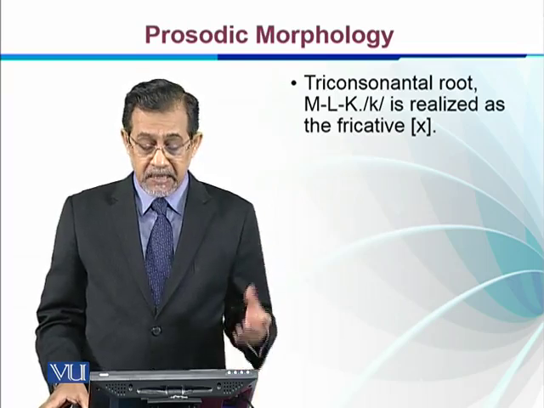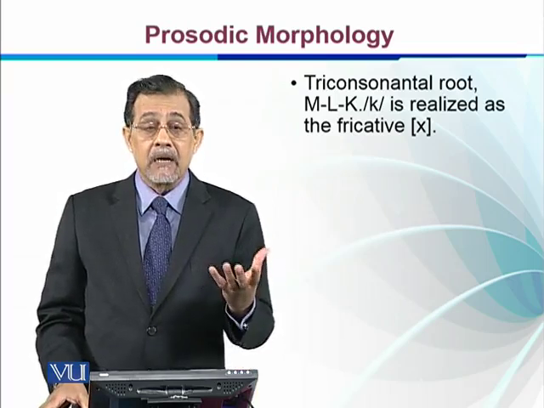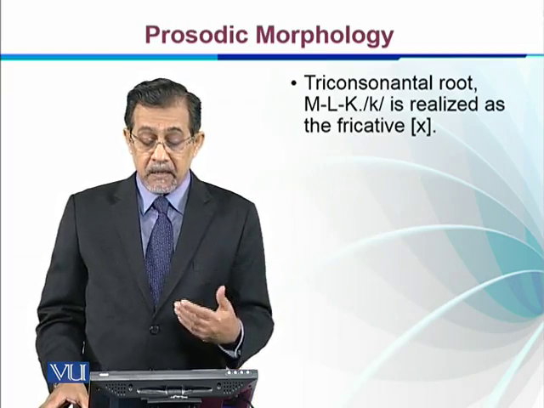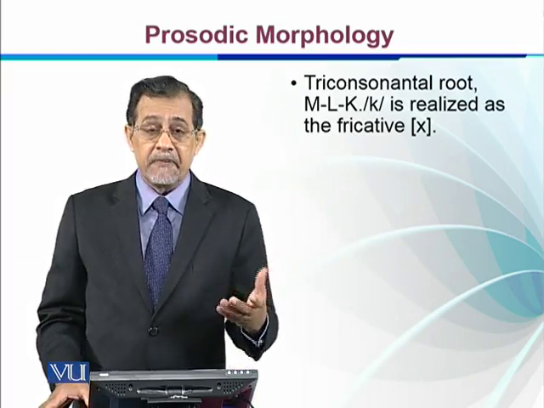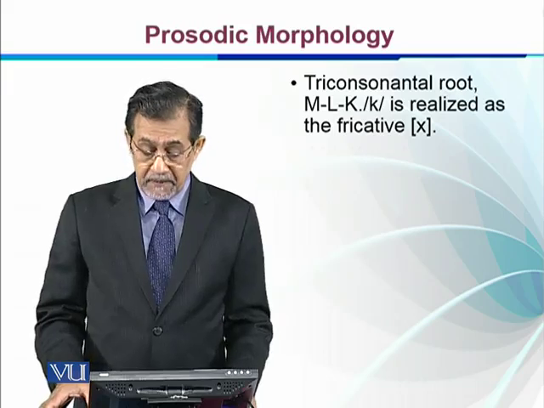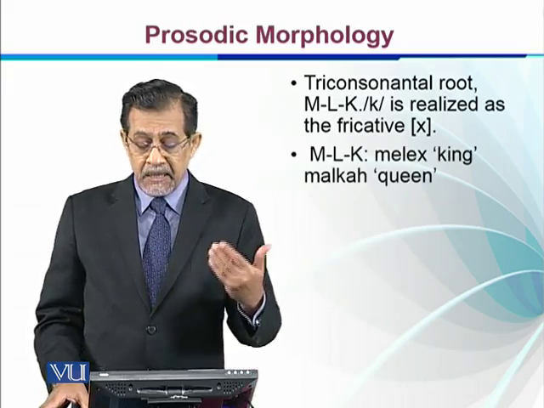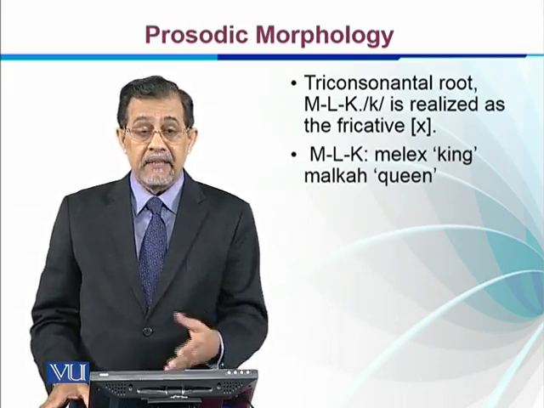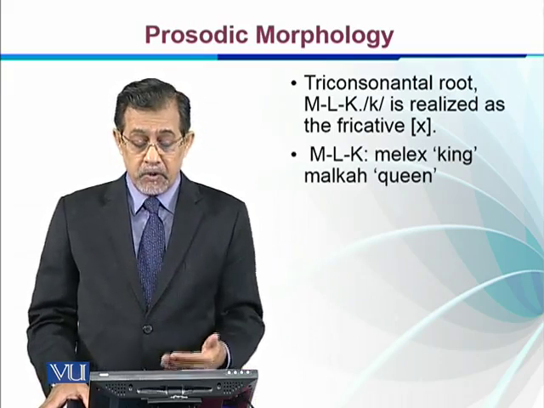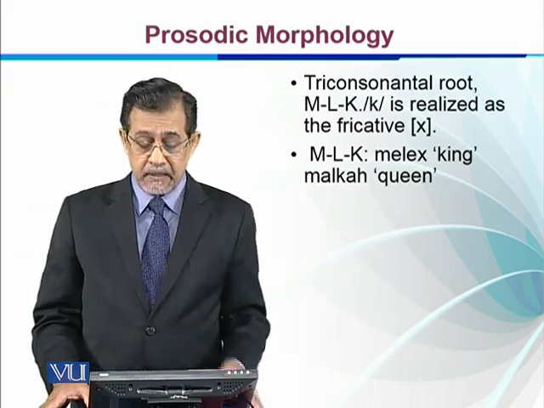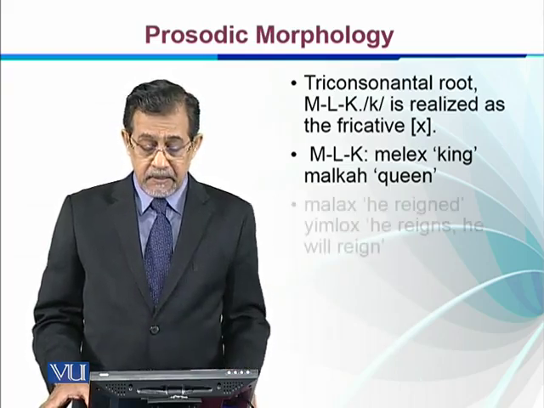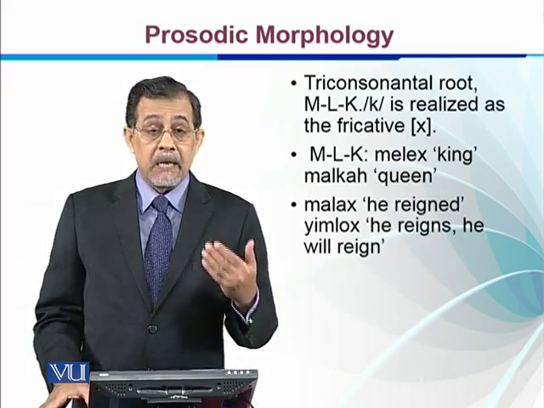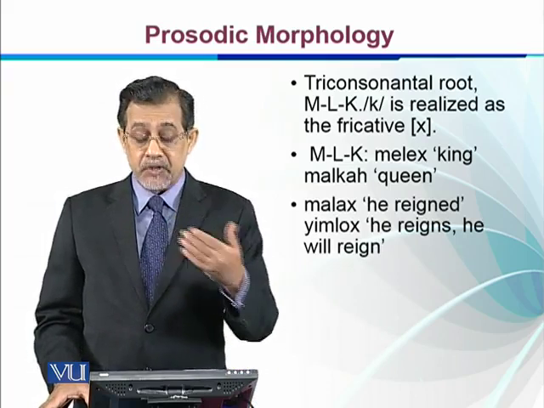Triconsonantal roots. For example, we have malik. The k sound is realized as a fricative in the Arabic language. So, malik, king, malika, queen. We have superimposed vowels onto m, l and k and got new words. Malaka, he reigned.